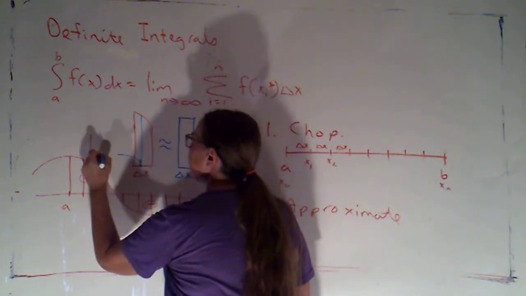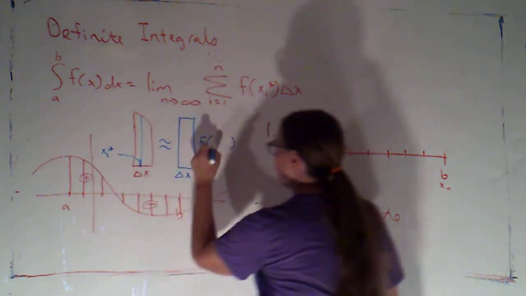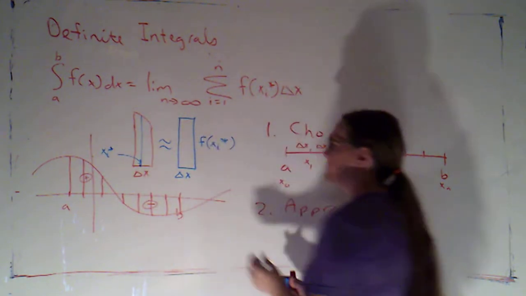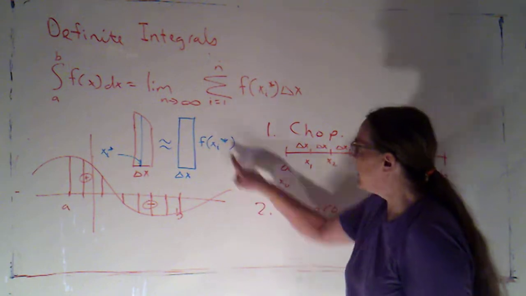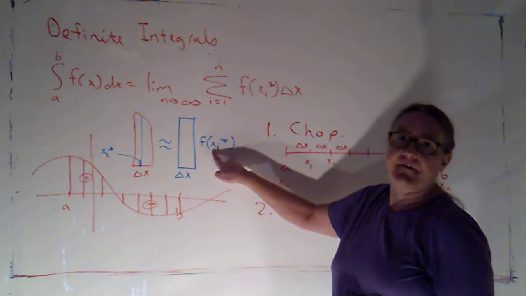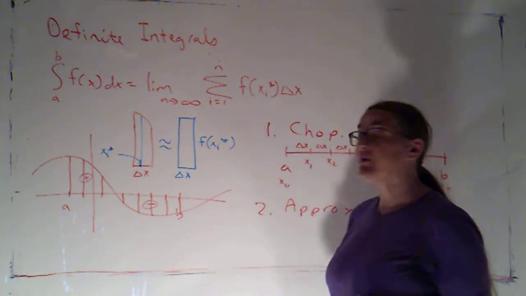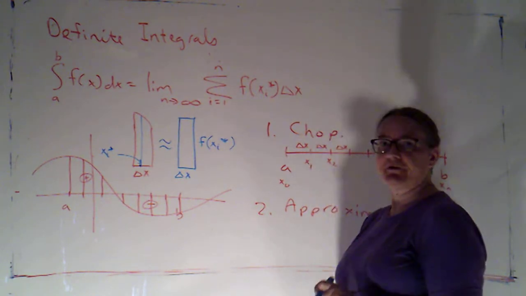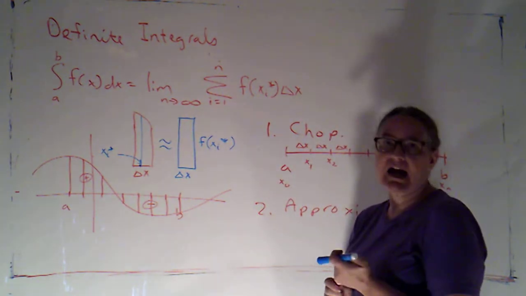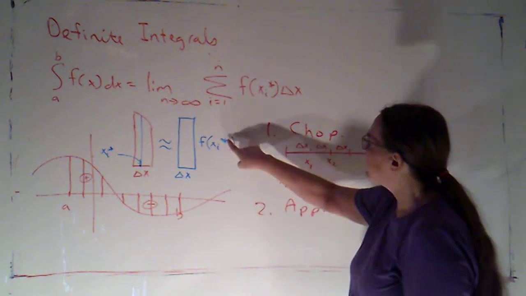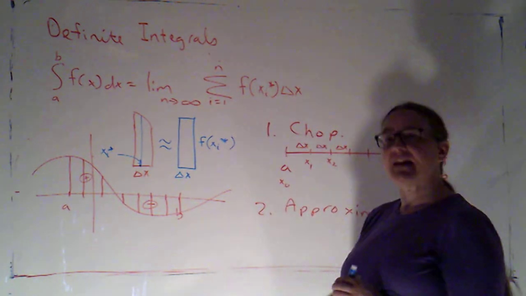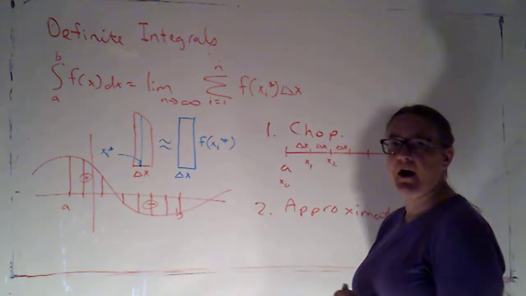Now, we usually call that x value xi star. Let me just talk through that notation really quickly. Okay. X because it's an x value. I because it would be in the ith subinterval. So if it was in the 5th subinterval, I would be 5. Okay. The star is there just to say we don't necessarily have to choose the right endpoint.